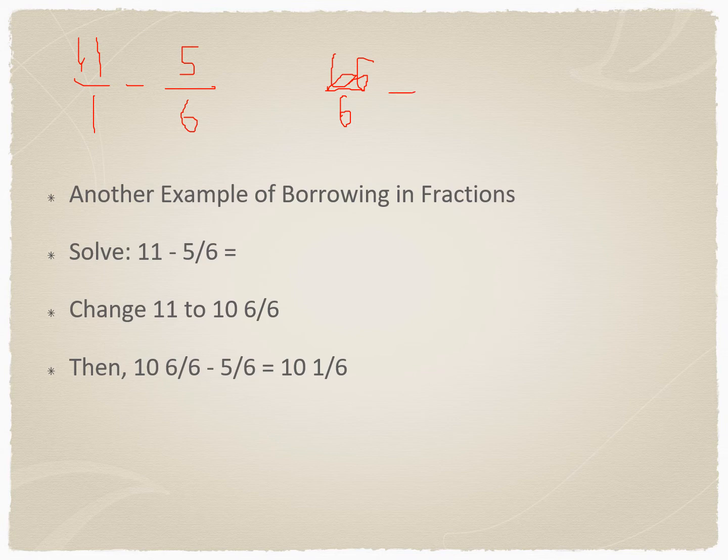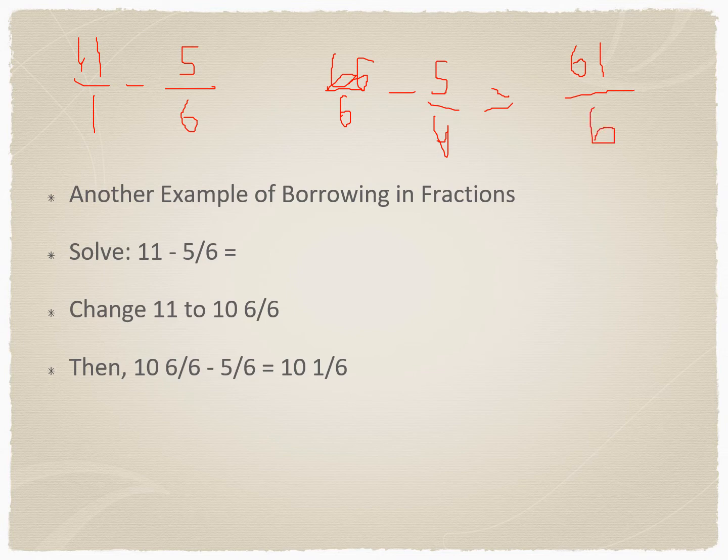Now I have a common denominator. So now I've got my 5/6 again. If I do my math, I take 5 away from 66, and I should have 61 over 6. So that's an improper fraction because the top is heavier.